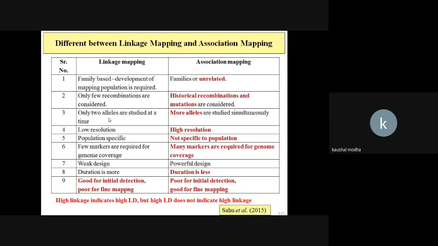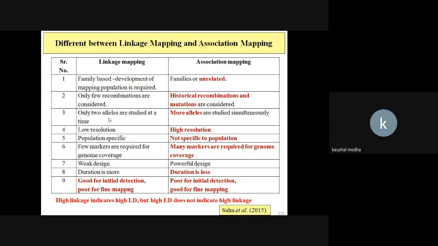If you can validate the marker trait relationship found in the linkage mapping population, the biparental population, in another population, it is well and good. That confirms your result. But most of the time, it will not hold true because of the allelic diversity between the populations.